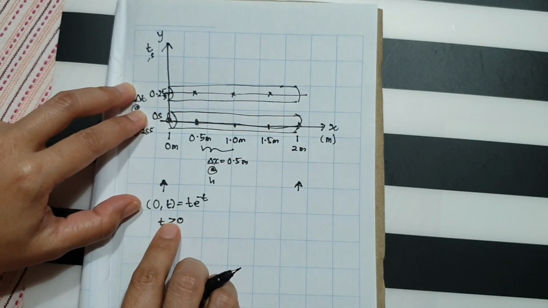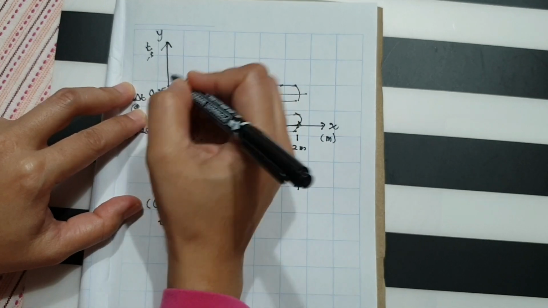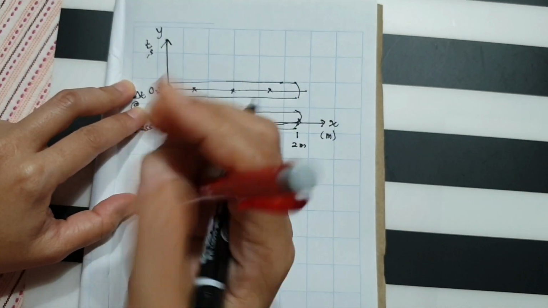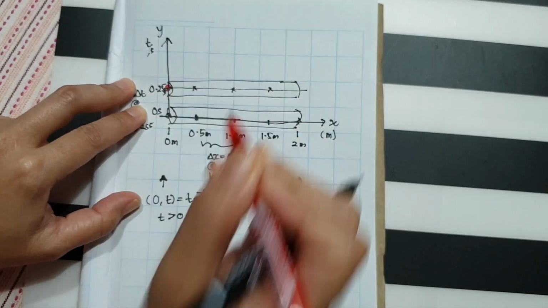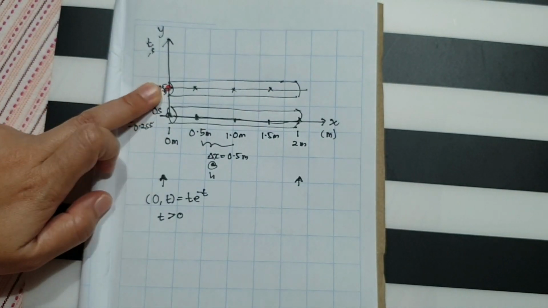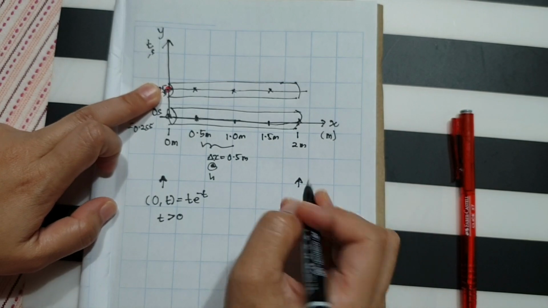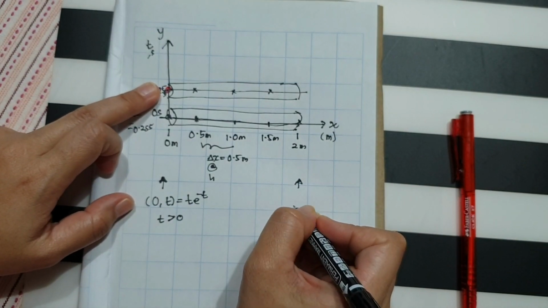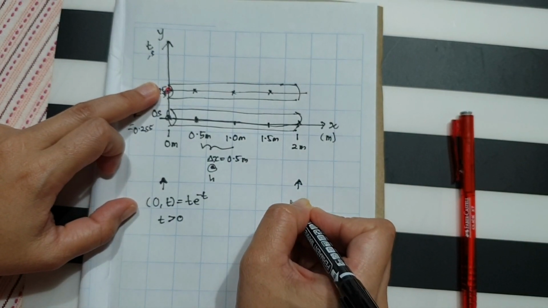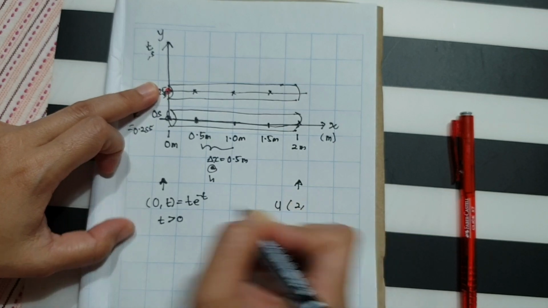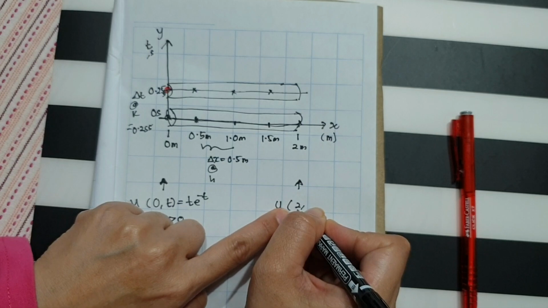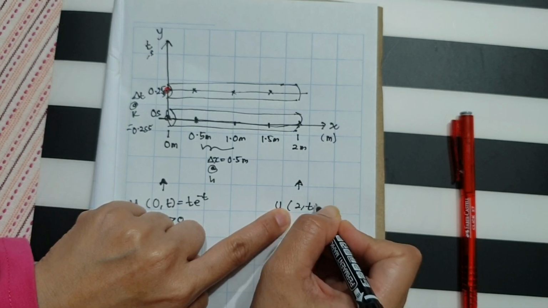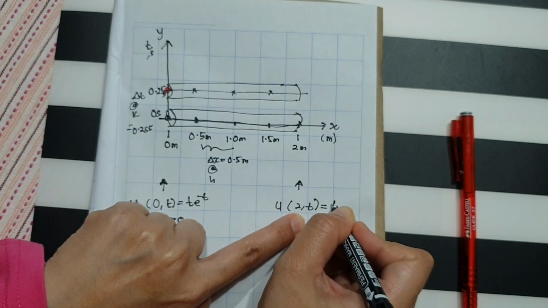So what you will get from the first boundary condition is actually the value at this point, the heat value over here. The second boundary condition given is the temperature at x equal to 2 for t, and this is equal to t.